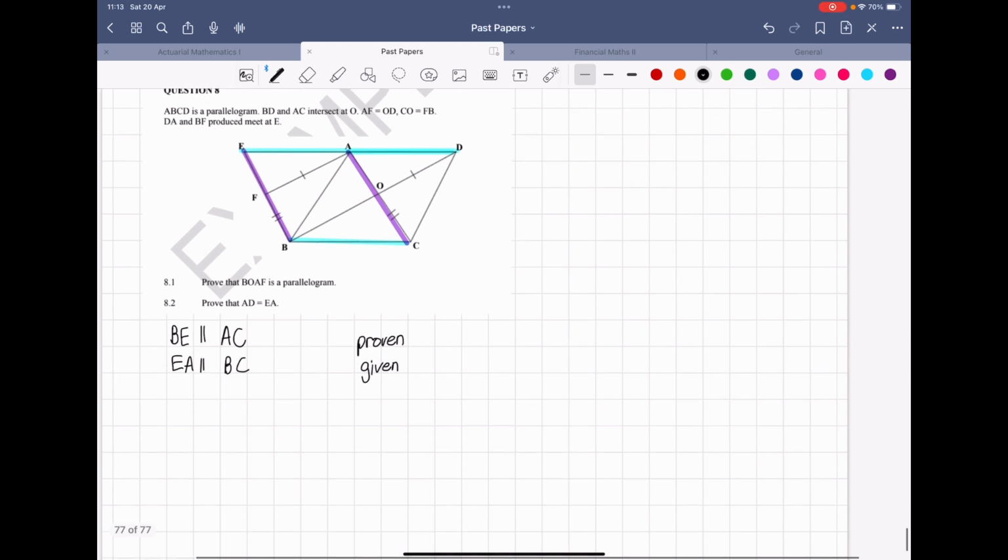Then I can conclude that EBCA is a parallelogram because both pairs of opposite sides are parallel. I should say therefore. Okay, and now since this is a parallelogram, I know that EA is equal to BC.